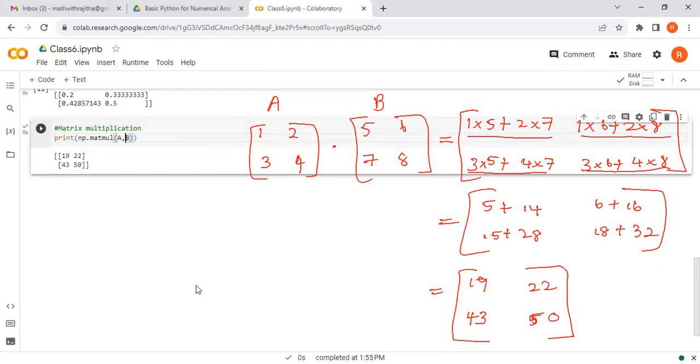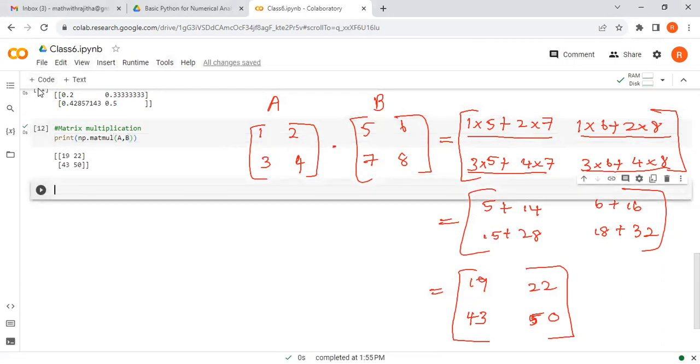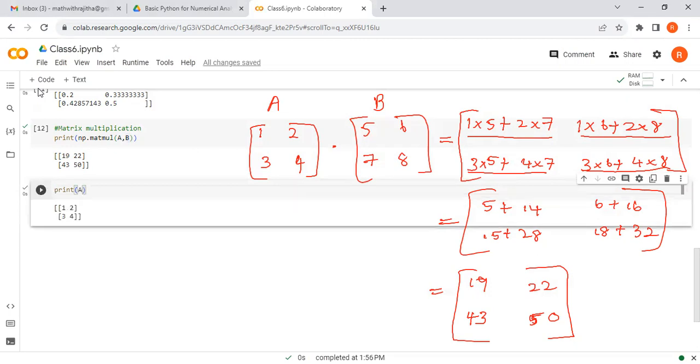The next one. Now our A matrix is 1, 2, 3, 4. That's fine.